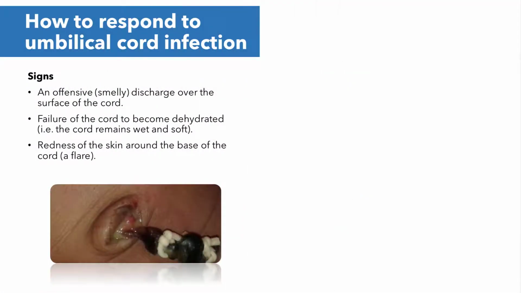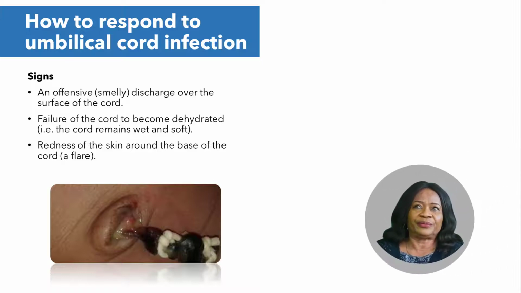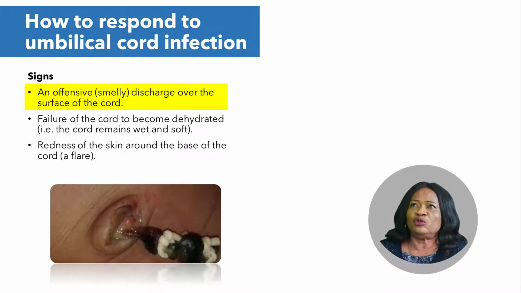So now let's look at how to respond to umbilical cord infection. We look at the signs and then we also discuss how to treat. An offensive discharge over the surface of the cord, that the cord is smelly, okay? It's not a good sign, it's not a good indicator. In such a situation, what should you do?